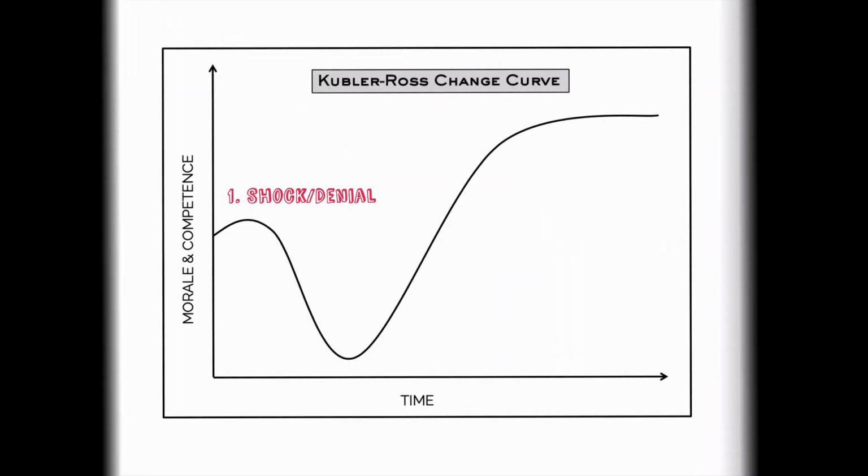So looking at the change curve, we start off with shock and denial. Included in this can also be avoidance, confusion, shock, fear. They're the general emotions that we get when a big change occurs or when we first hear about a big change. Now, I know I actually experienced quite a bit of the denial in the beginning. I didn't think it was going to be a big deal.